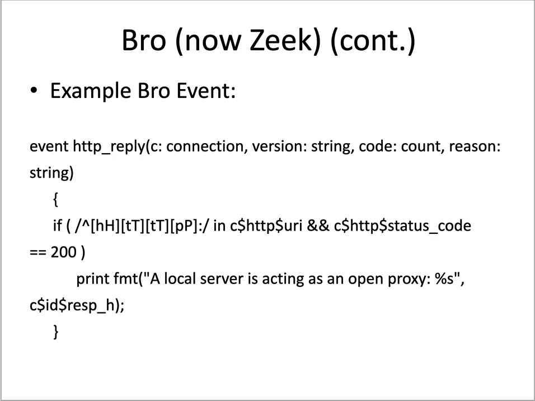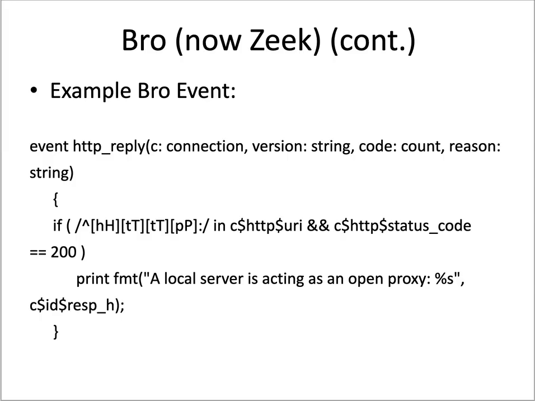Which is something that might be legitimate or it might be suspicious in nature. So it prints out a message so that somebody can investigate that and see if it is indeed a problem.